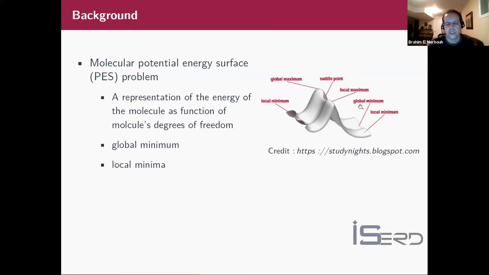We can see that the surface has a global minimum and many local minima. In more complex molecules that may have more degrees of freedom, the surface is quite complex and hard to represent unless we use some projections in some other spaces.